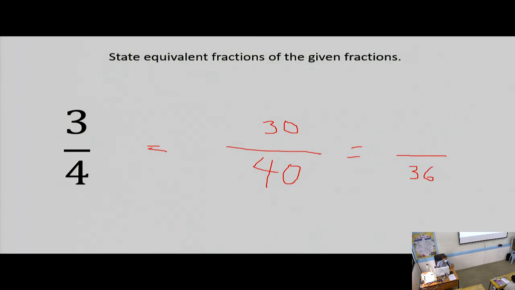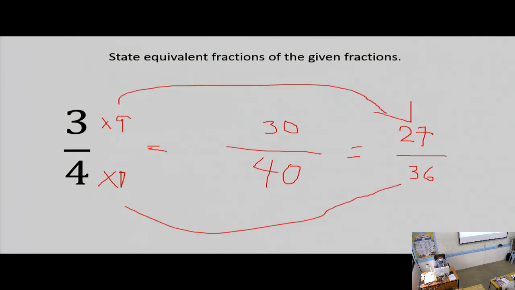What would be the numerator? 27. Okay? Because this is just times 9, meaning you're just going to multiply it by 9 as well. That's why we'll have here 27. This one is 36. Understand?